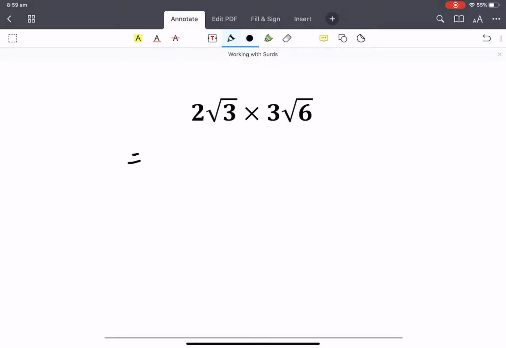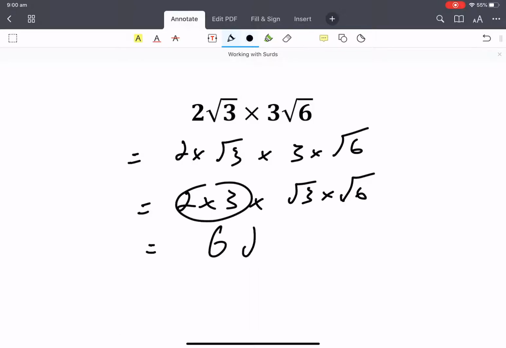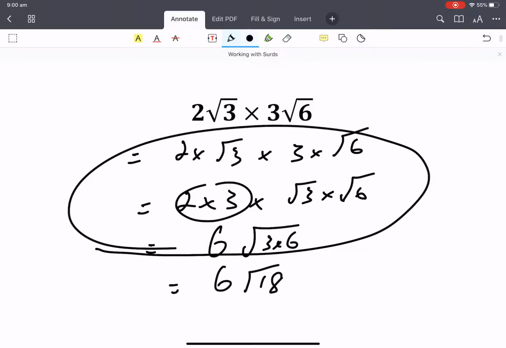The way I'm seeing that is 2 times root 3 times 3 times root 6, which is 2 times 3 times root 3 times root 6. I'm just putting them in a different order. 2 3s are 6. Root 3 times root 6 is root 18. Yes, I haven't stopped there, but we're getting big boy and girl pants here. So do we need all of that working?